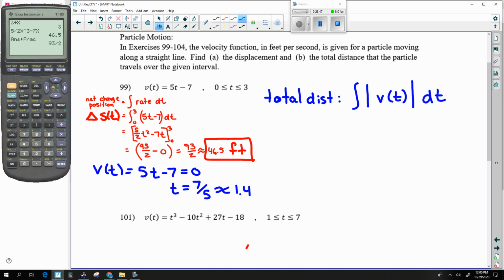So what I do is I see, okay, time, velocity, and we're going from 0 to 3 seconds, and I have this important value of 7/5 on here somewhere. And so I see that my velocity lower than 7/5 is going to be negative, and this is positive.